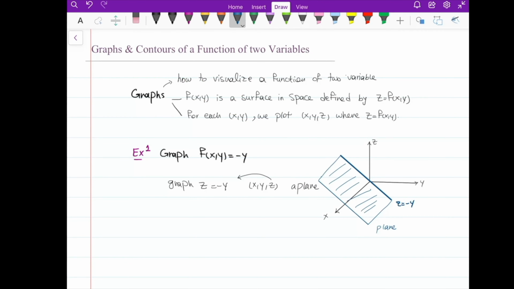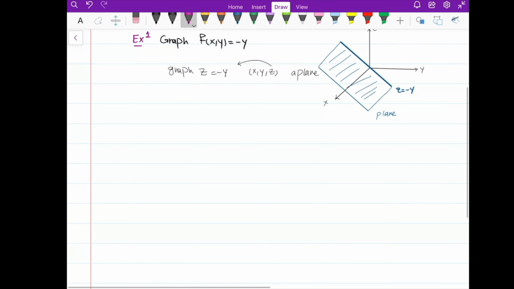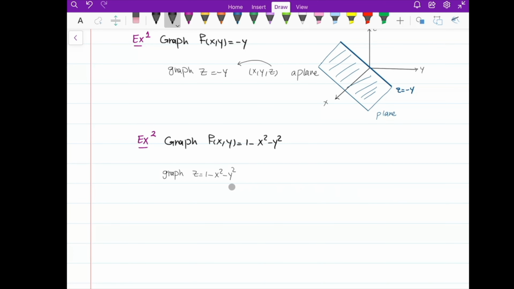Okay, look at the second example. Example 2, I'm going to graph f of x and y equals 1 minus x squared minus y squared. So we need to graph z equals 1 minus x squared minus y squared. But I have all 3 variables here, so it's a little hard to see. That's why I use this procedure to graph it.